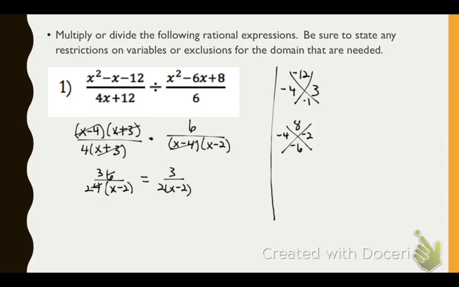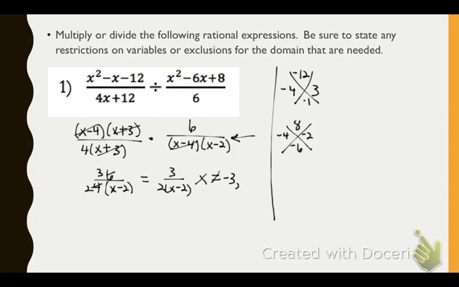Now, our exclusion rule needs to say that x cannot equal, and then we'll go up to the step just before, and we'll look at all those denominators. So in our first fraction, negative 3 would make that denominator 0. In our second fraction, we consider both the numerator and the denominator because they both have time working as the denominator.